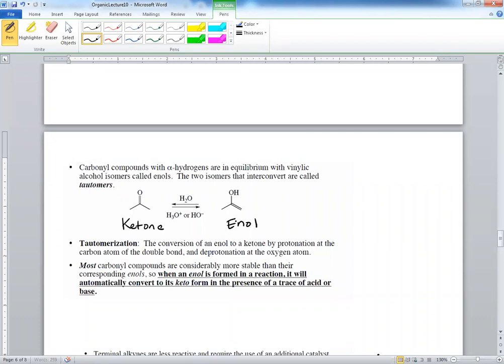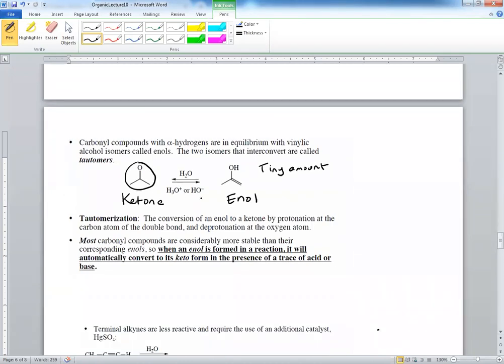So those are in equilibrium. However, the equilibrium is very, very tiny. So what you form most of the time is the ketone. However, nonetheless, this process is called tautomerization.